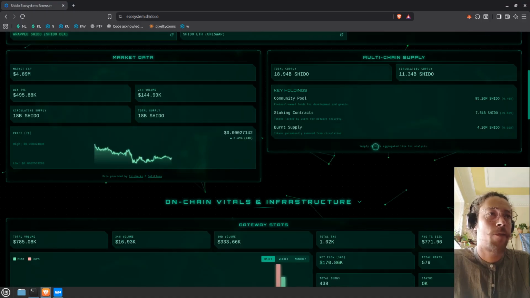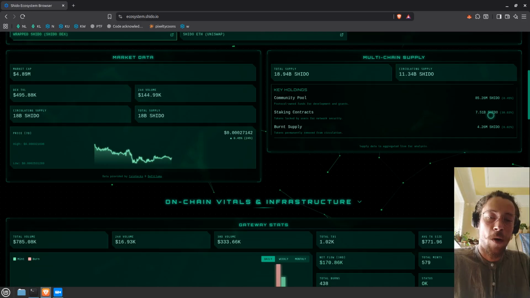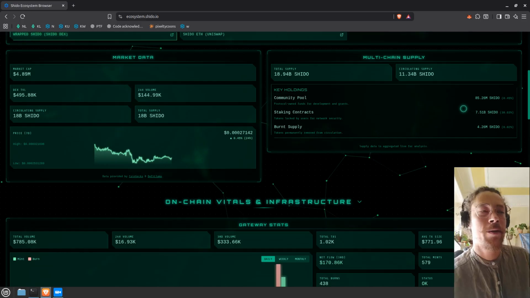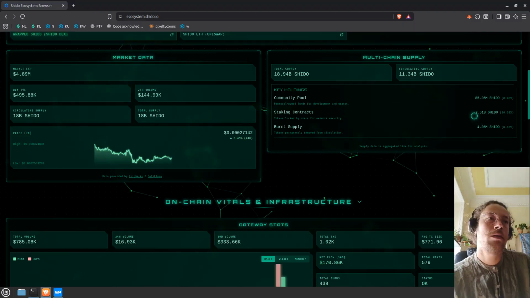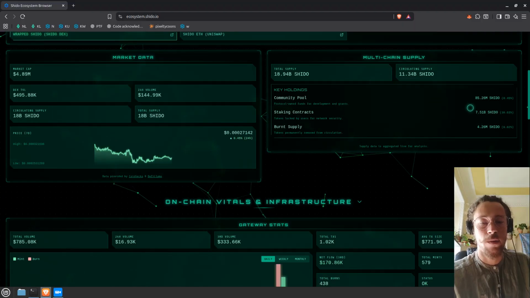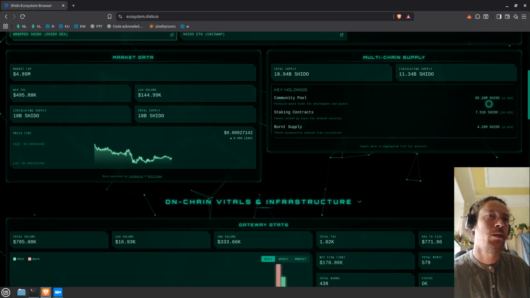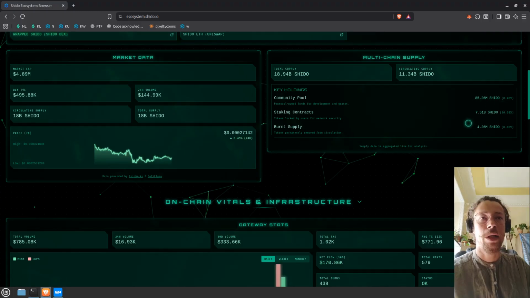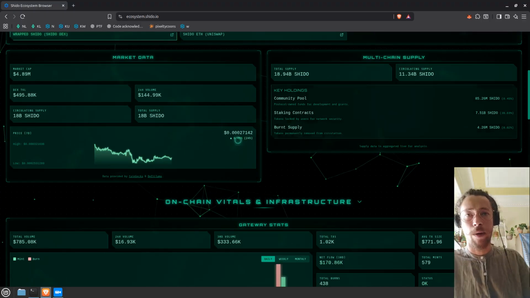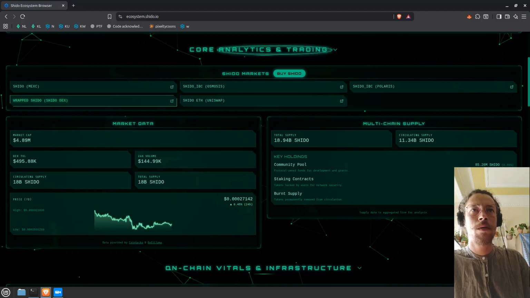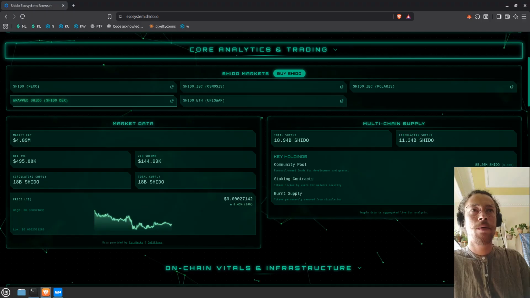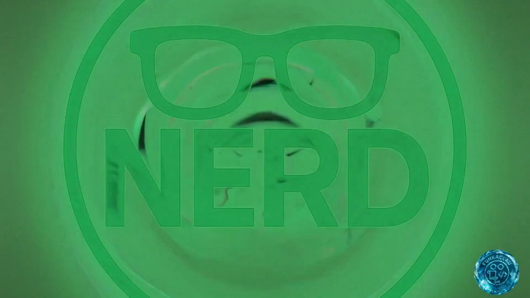And everyone that has some Shido on mainnet should ponder doing this, because it's a low commitment. If you are holding it anyway, you could be getting a percentage on top of what you already own. So let's collapse this section for now and keep browsing.